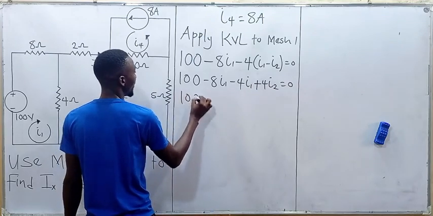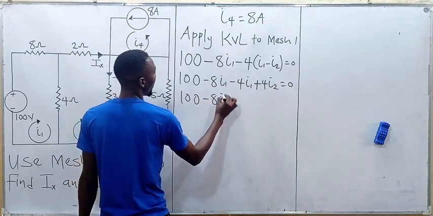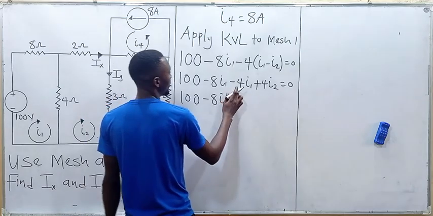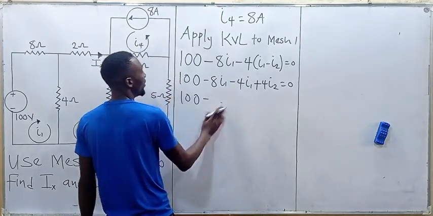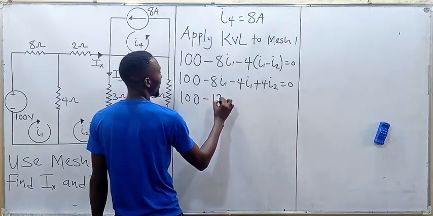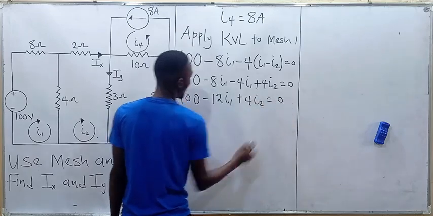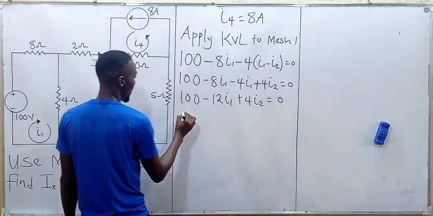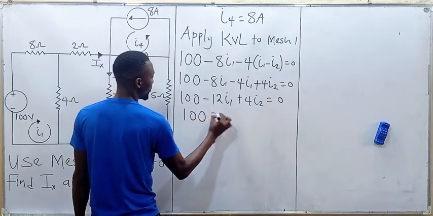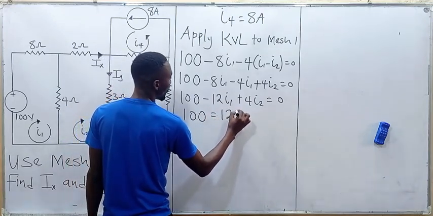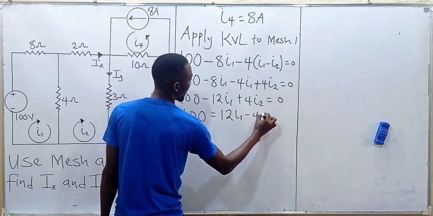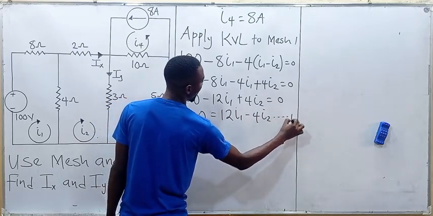So 100, then minus 8I1, then minus 12I1, then plus 4I2 equals 0. Let's move this and this to the other side. So we're going to have 100 equals 12I1 minus 4I2, equation number 1.